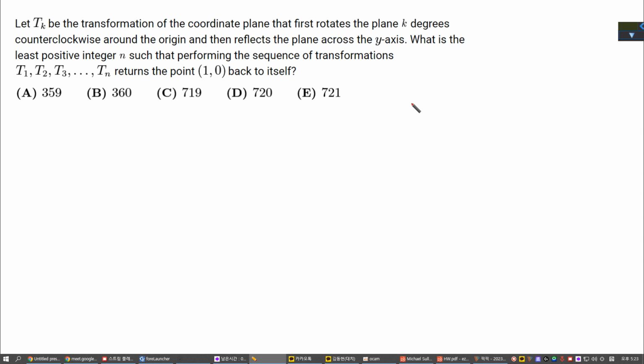So that means T1's degree will be 1 degree and then like this.